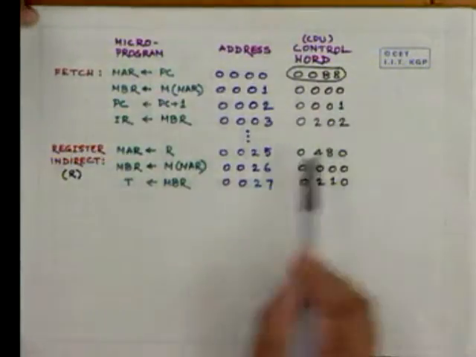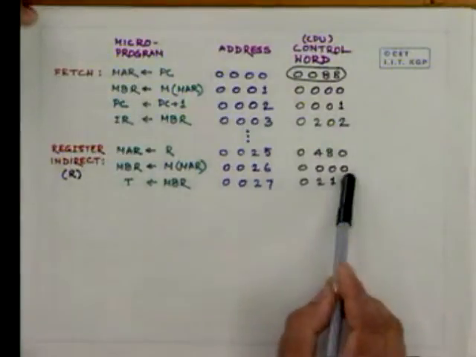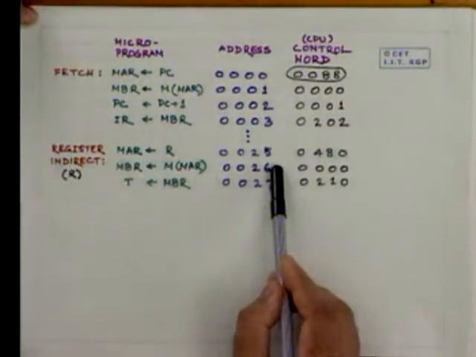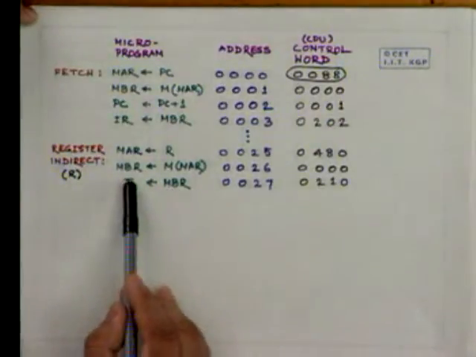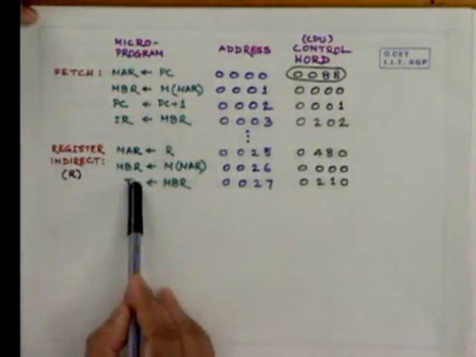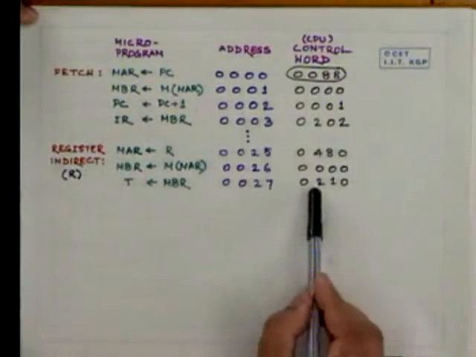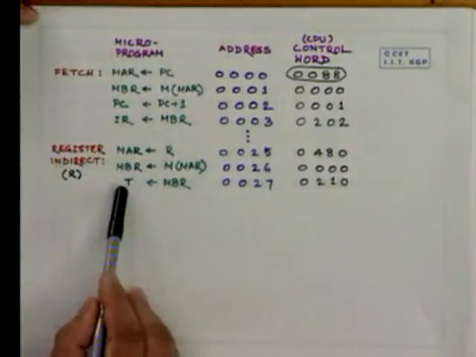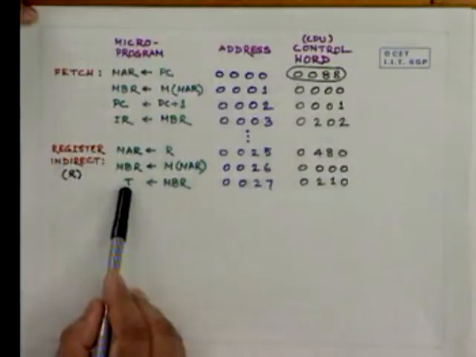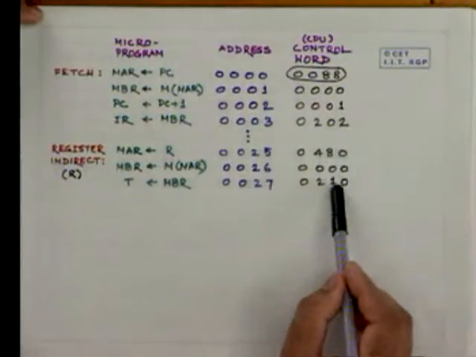Similarly, the control word for this is all zeros, and say this is in memory location 26. The control word for MBR going to some temporary register T is this. Naturally, this control word will change depending upon where the content of the memory buffer register is to be sent, and therefore this may need consultation of the instruction register field.